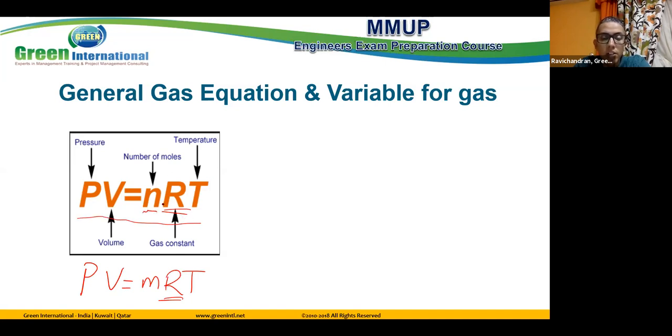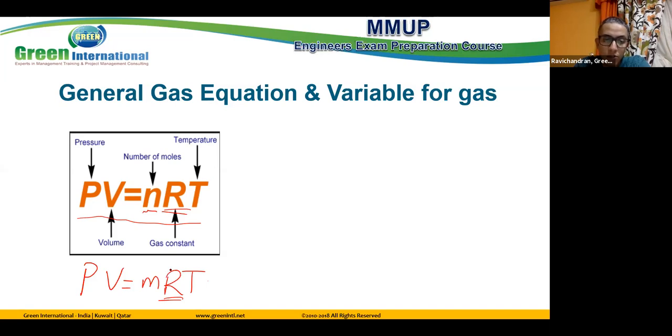This R is the universal gas constant, which is one value we can apply for all gases. But for the other one, PV equals mRT, here R is not constant for all gases. This R value is specific for each gas. Each gas has its own R.